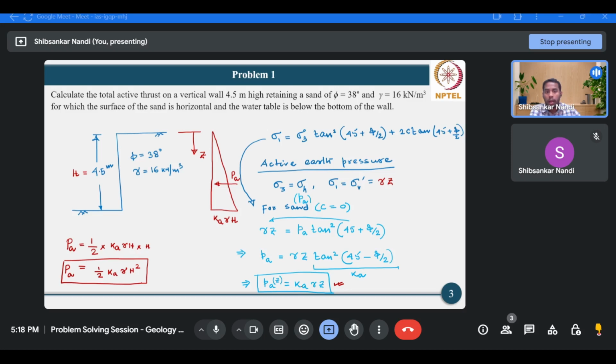By this time you should know these definitions. What are the definitions of active earth pressure, passive earth pressure, and earth pressure at rest? I am not going into those details because it will unnecessarily delay our session. We have a lot of numerical problems to solve in this session.